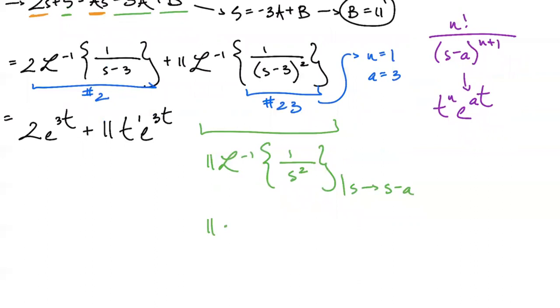And we would get 11 times that t, but then we are shifting that, right? So t to the first power. Now we're shifting that s minus 3. And when we apply that, that's where that shift comes in.